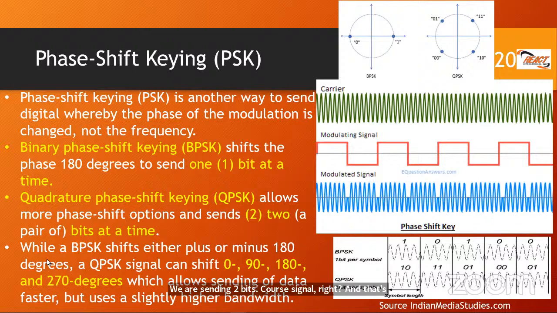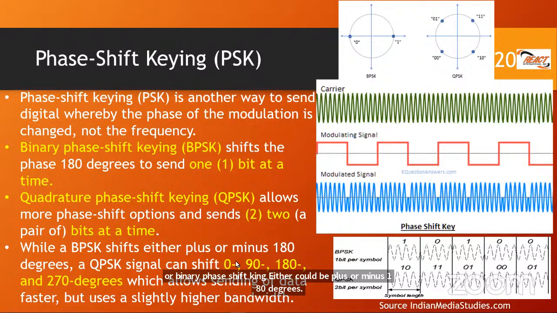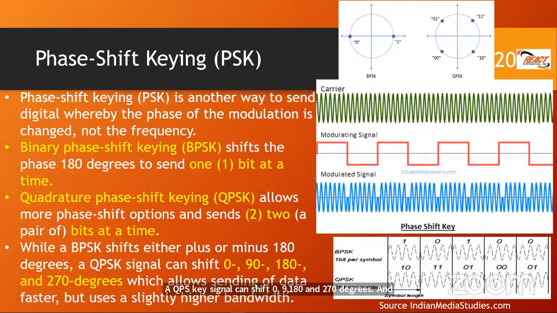We also need to be aware for the exam that whereas BPSK, or binary phase shift keying, could be plus or minus 180 degrees, a QPSK signal can shift 0, 90, 180, and 270 degrees. That allows sending of data faster, but note that it takes a slightly higher bandwidth as well. That's just some extra information for you.